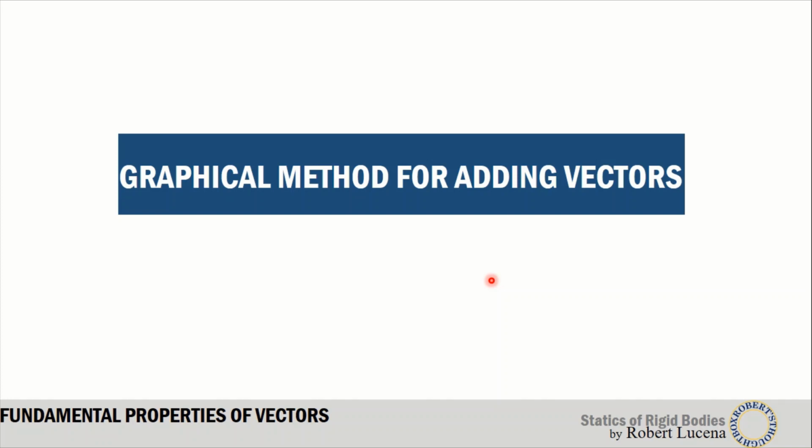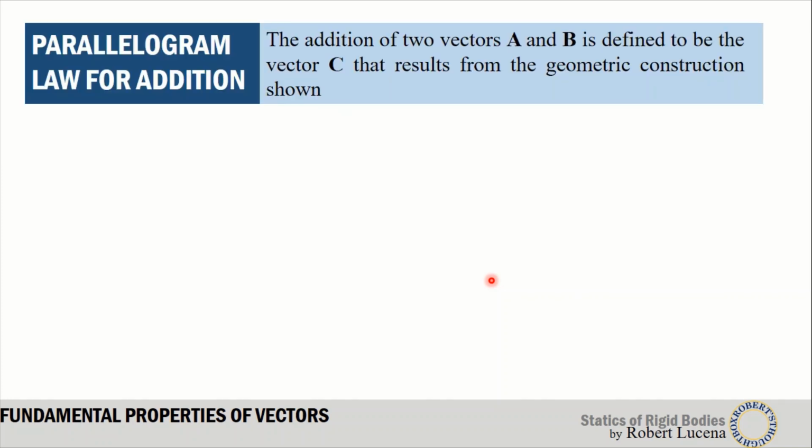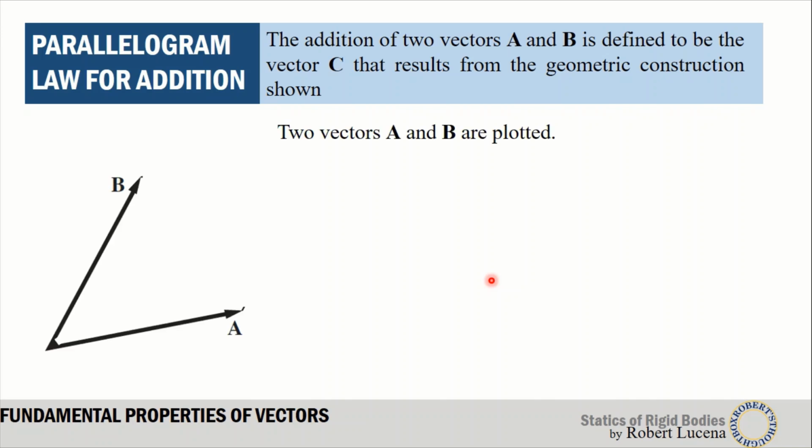So for the graphical method for adding vectors, we have different methods. The first one is the parallelogram law for addition. So addition of two vectors, A and B, is defined to be vector C, as shown. So we have vector A and vector B. This is one way of writing vectors, you have here the arrow and the name of the vector in boldface, likewise here.